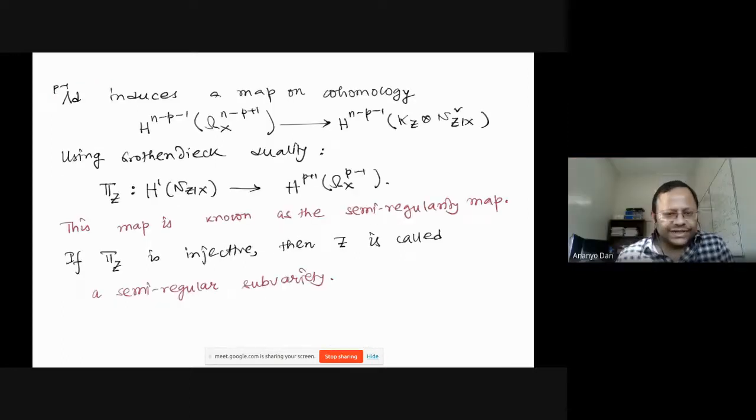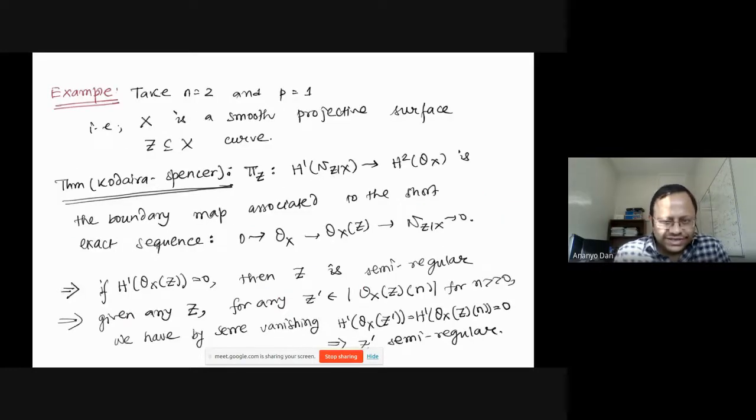Yeah, exactly. So we had this semi-regularity map going from this to here. So let's do semi-regularity in this case. The map in this case is H1 of N_{Z/X} going to H2 of O_X. If this map is injective, then Z is called semi-regular.